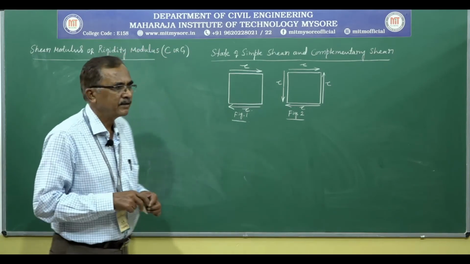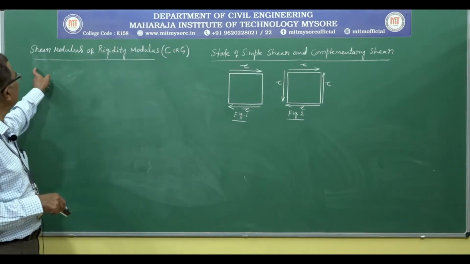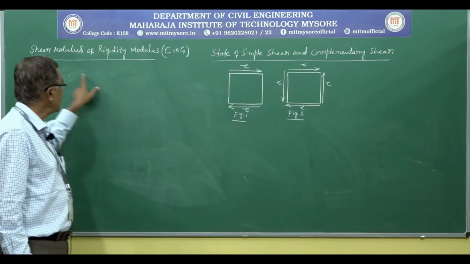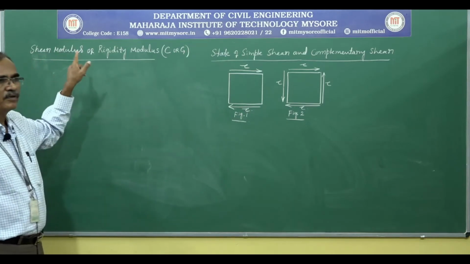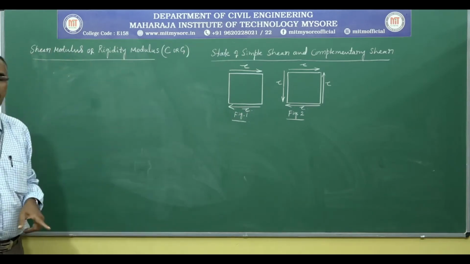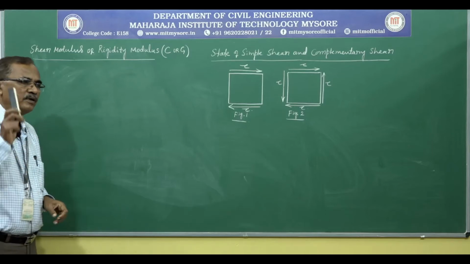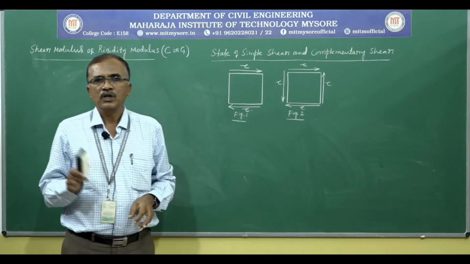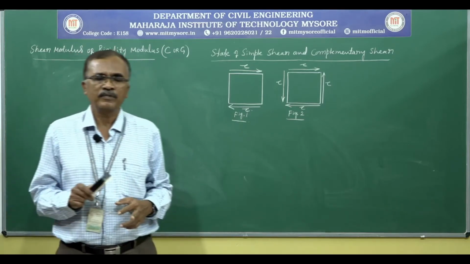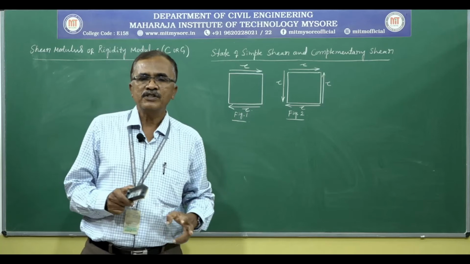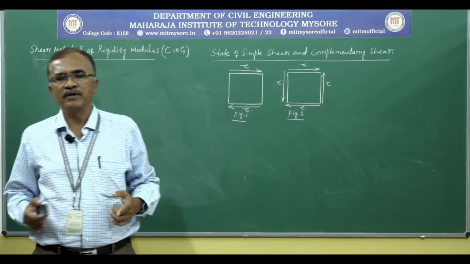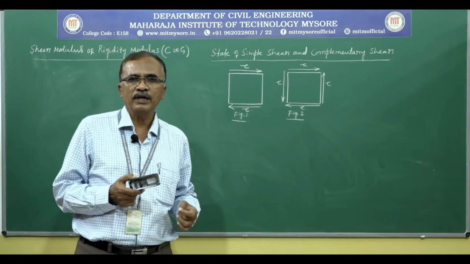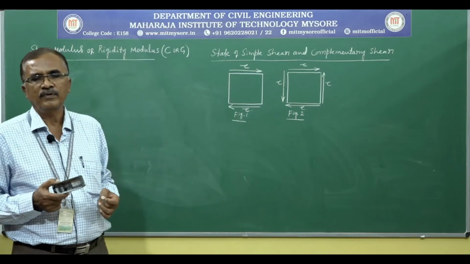In the same line, we can learn what is this shear modulus or rigidity modulus. As per shear modulus or rigidity modulus, for every elastic material, the ratio of shear stress to the corresponding shear strain remains constant up to the elastic limit of the given material. This constant ratio is known as shear modulus.